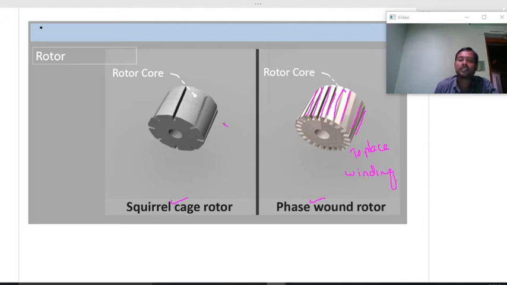That is the difference between these two. Here slots will be available, here no slots will be available. You can see this is a slot, but this is not a slot. This is used to place the copper bars. I will explain why copper bars are used in the next figure.